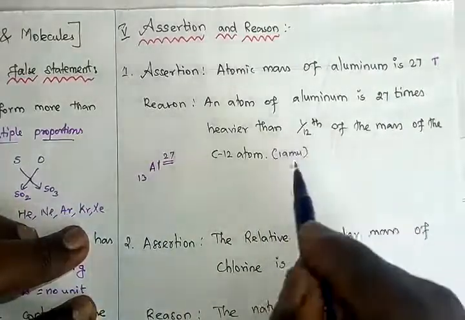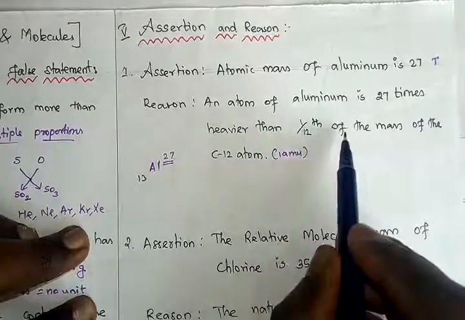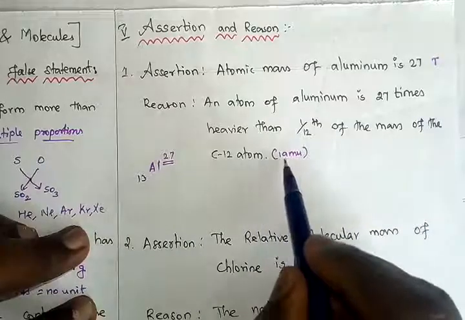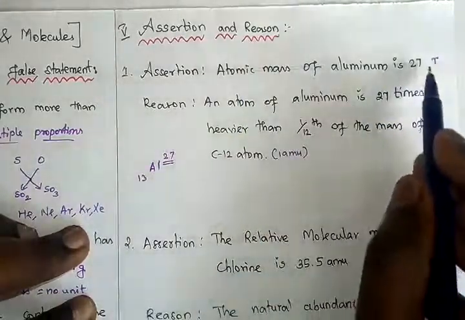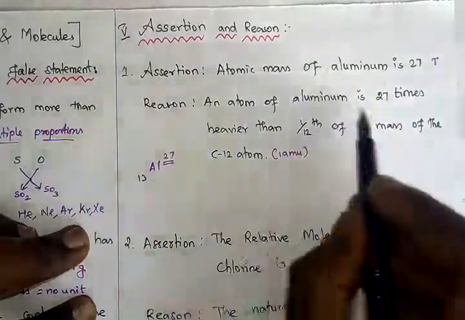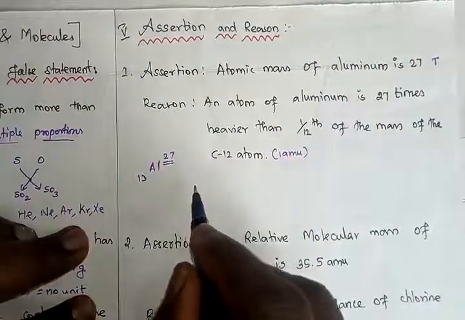So we can say, when you compare, 1 by 12 of the mass of carbon 12 is equal to 1 AMU, so the atomic mass of aluminium is 27 AMU. So the statement is right, and the reason also explains the assertion. So what is the answer here?